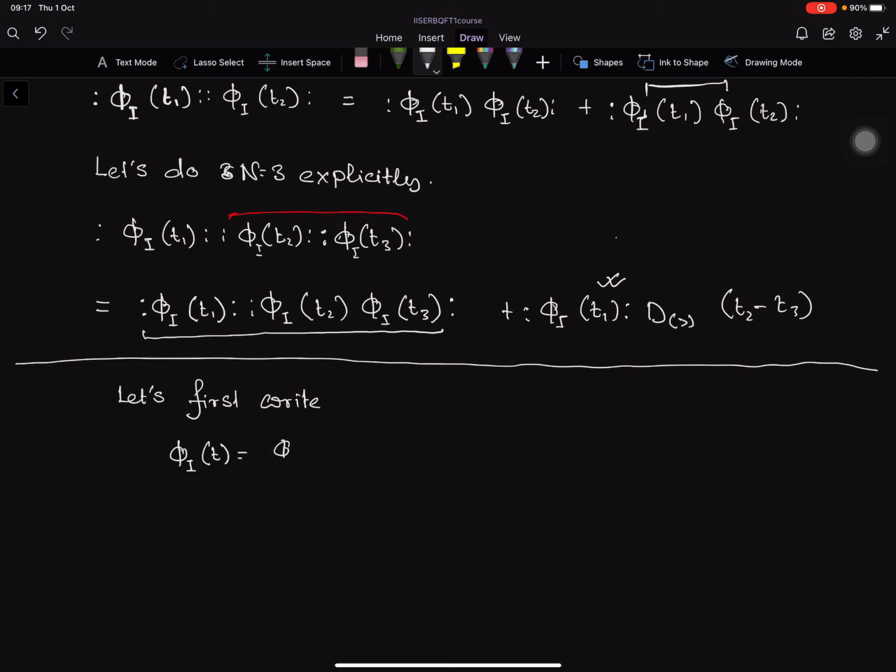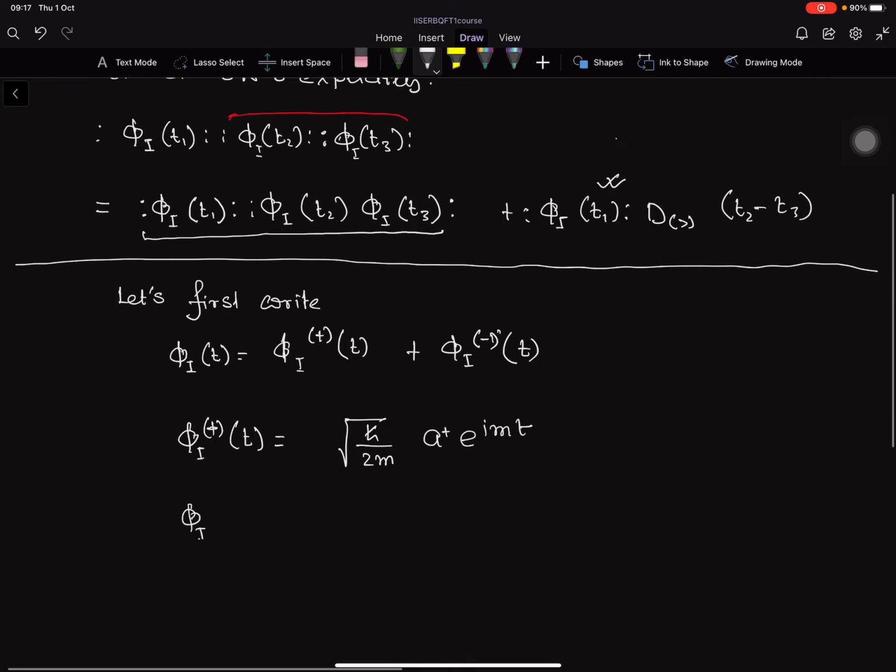This is equal to, where phi I plus t is the same as h bar power 2m a dagger, minus imt, and phi I minus is.